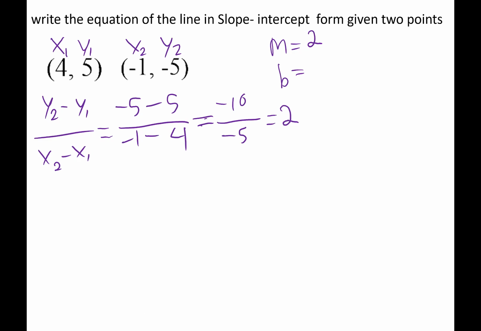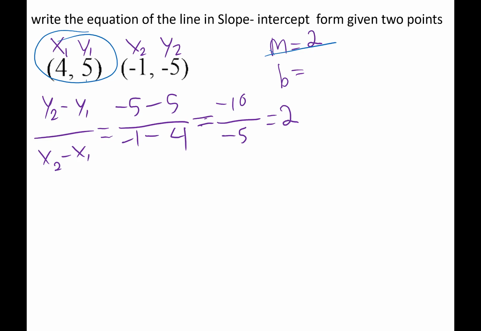I'm going to pick one of my 2 points. We're just going to use the first one, make it simple on myself. And I'm going to plug in my information that I'm given. So I have my m and I have a point, so I have an x and a y. And we're going to solve to find our b.